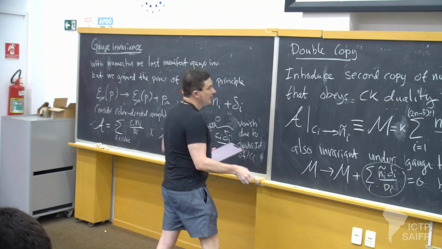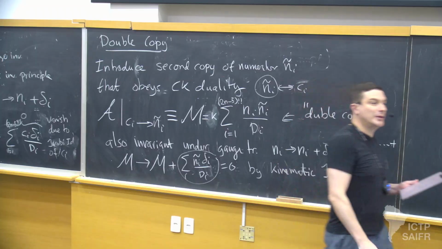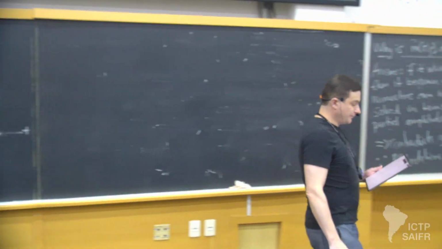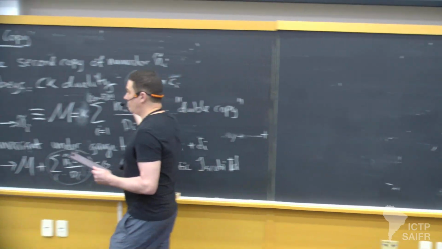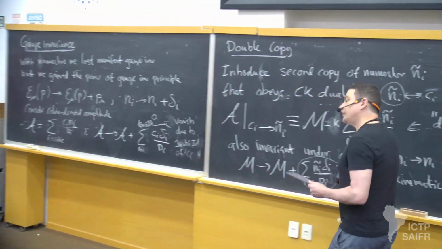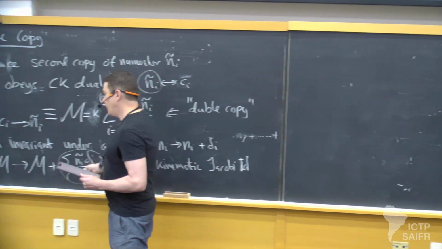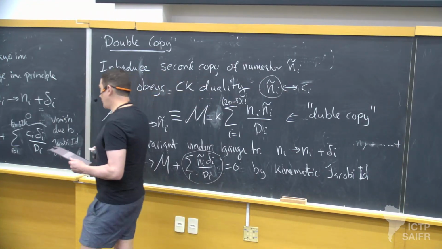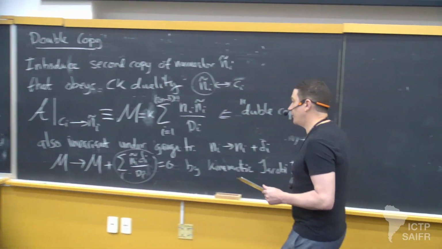But of course, this n twiddle also contains its own polarization vectors in general. So you can also consider the case where you shift those, and again you will recover the same cancellation, just swapping n and n tilde. So essentially what that means is that you should also make sure that the n's satisfy color-kinematics duality if you want something gauge invariant.